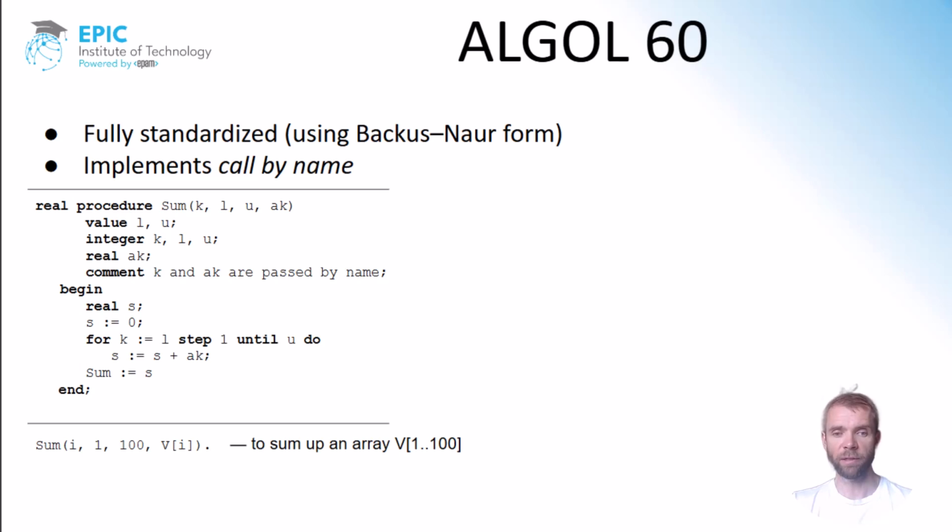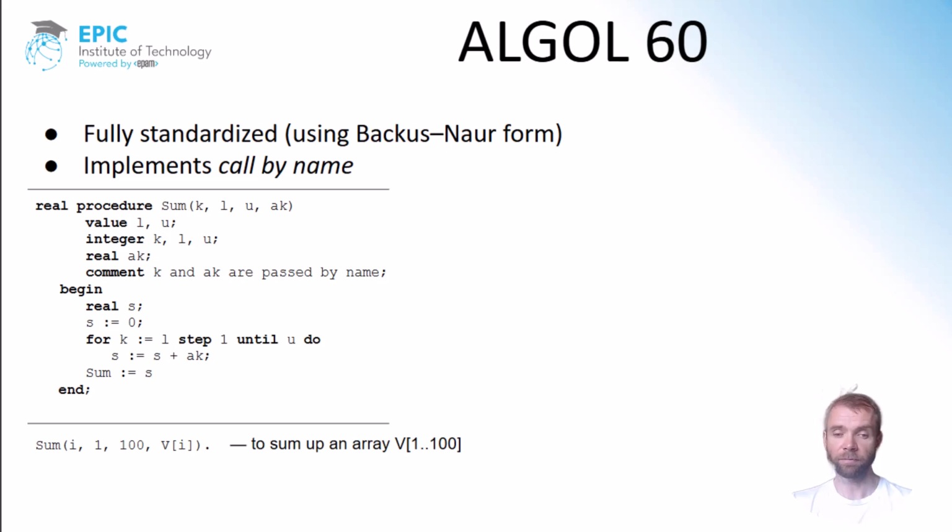Note also that the name k, inside the procedure it's named k, but we pass I, the symbol I, as the substitution for this name. And so the for loop will then look like this, not for k equal from 1 to u, but rather for I equal from 1 to 100.